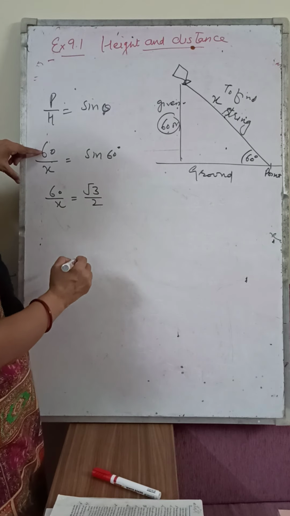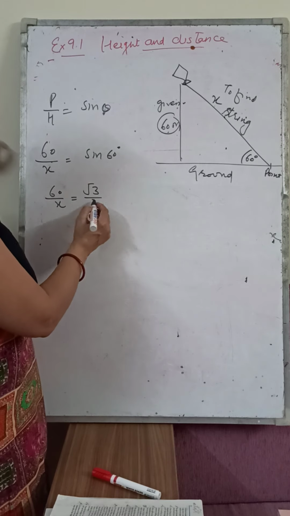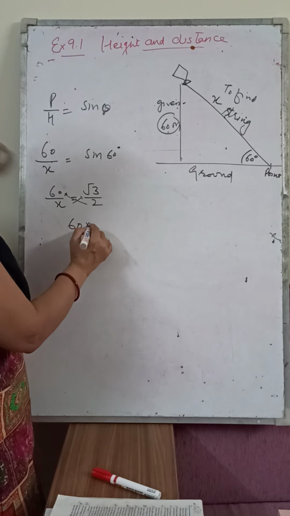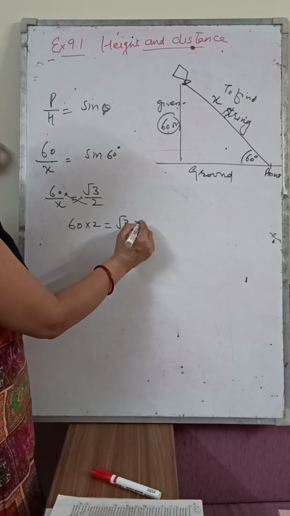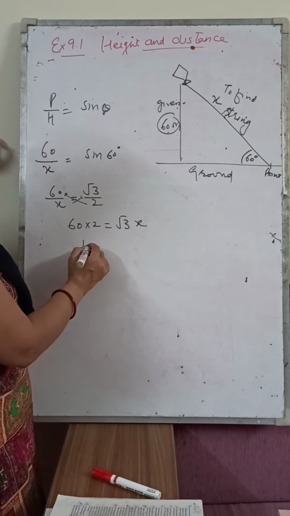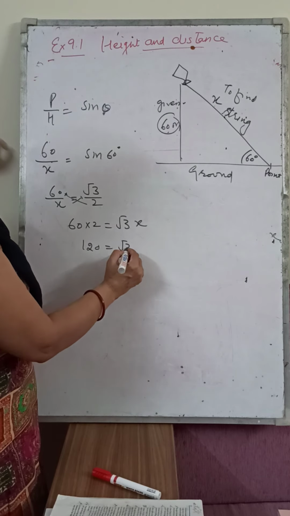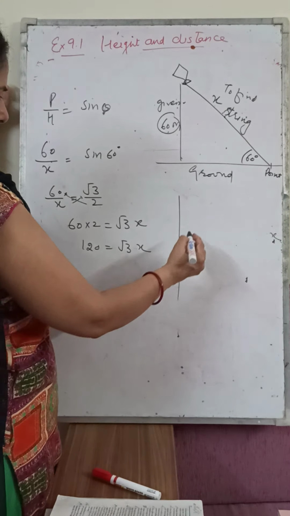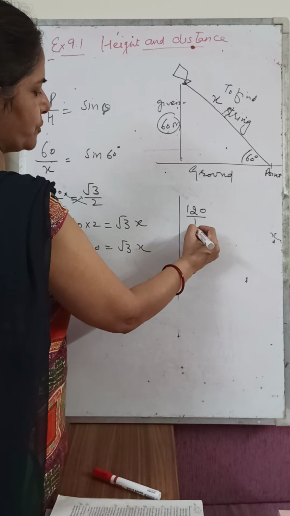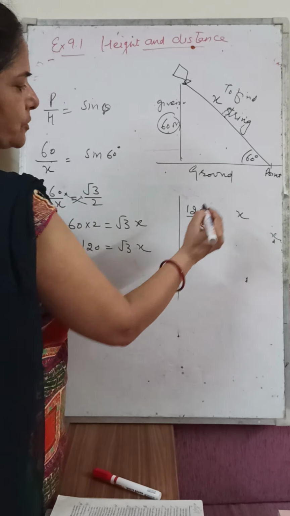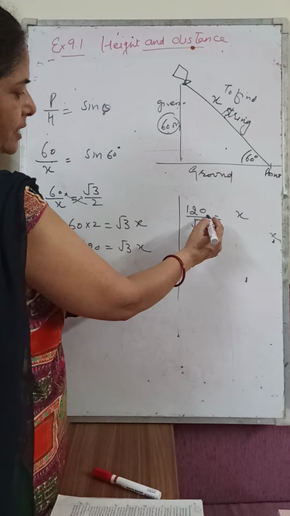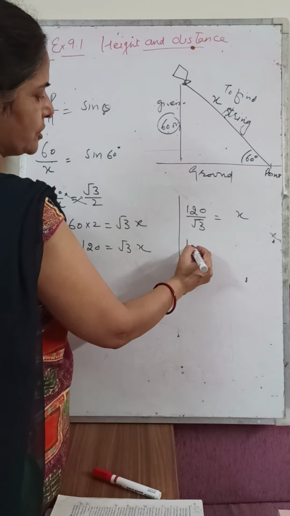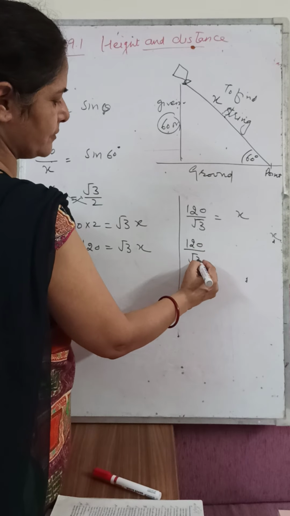Root 3 upon 2. Cross multiply. 60 into 2 is equal to root 3 into x. 120 is equal to root 3 into x. 120 upon root 3 is equal to x. We don't want to leave root in the denominator, so we will rationalize.